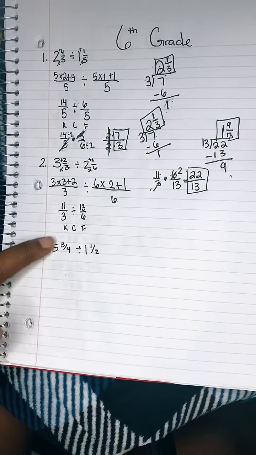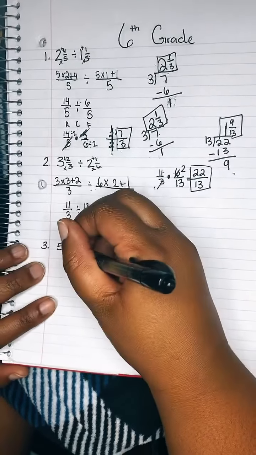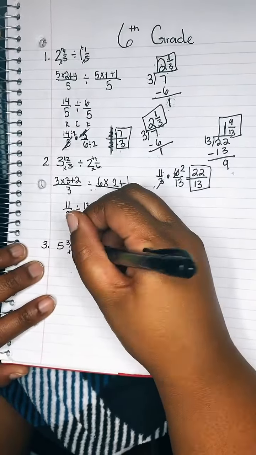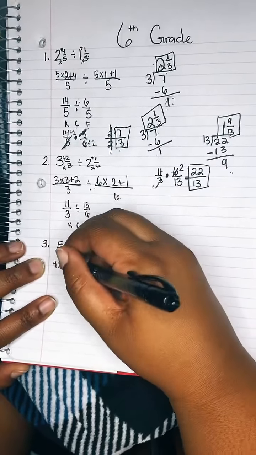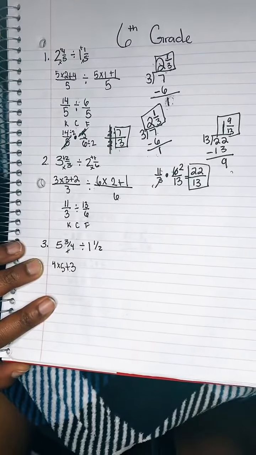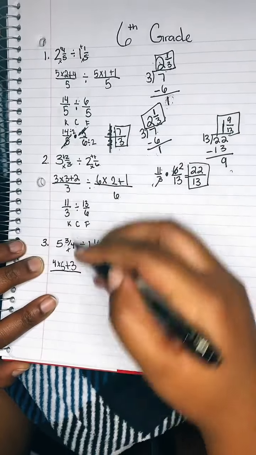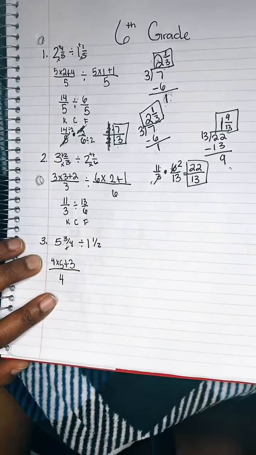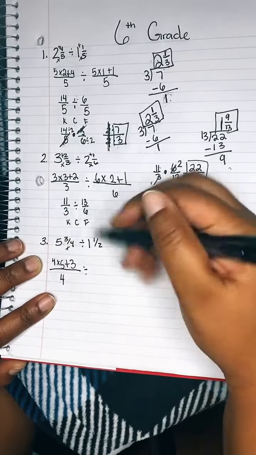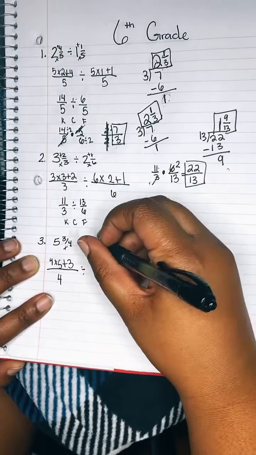So we're going to change this to an improper fraction. We're going to multiply 4 times 5. And we're going to add our top, plus 3, okay? And remember, this always goes over what you are dividing by, which is 4. Divided by, and then we multiply here and add the top.